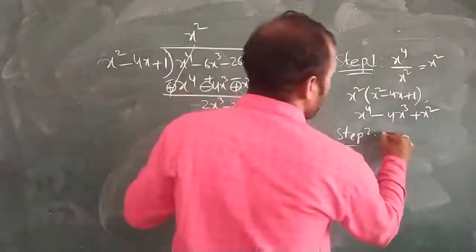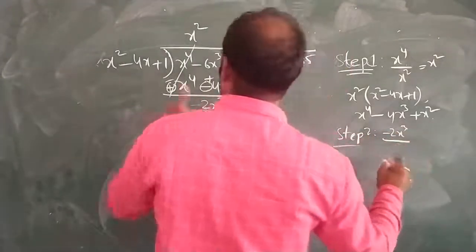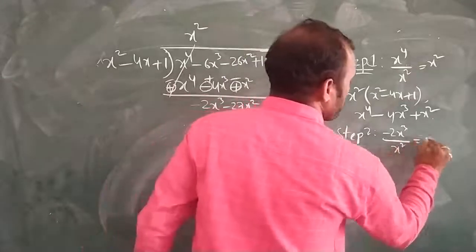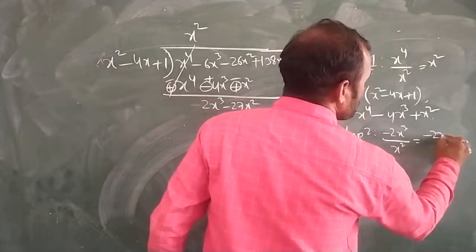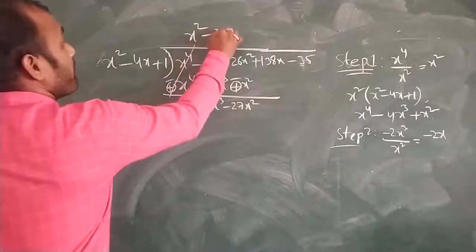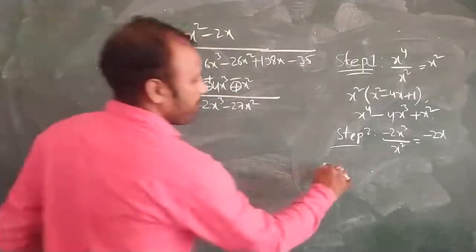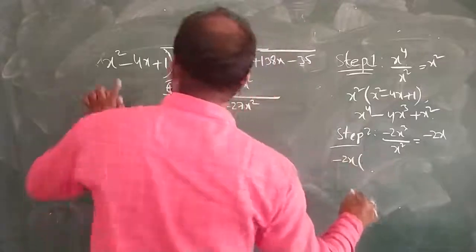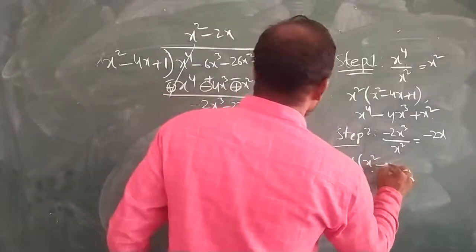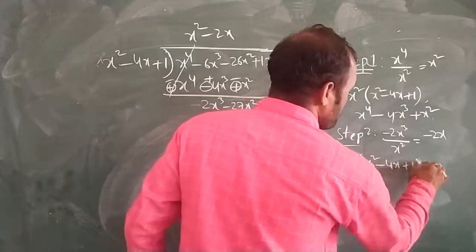So first term is minus 2x cube divided by x square, so it will be minus 2x. Let me multiply here minus 2x into x square minus 4x plus 1.